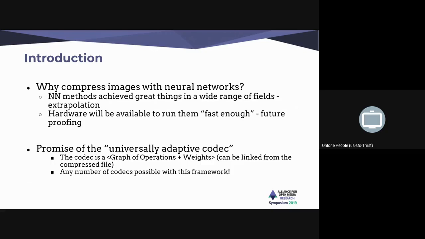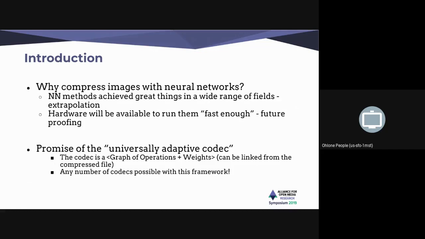Now, what would a neural codec look like? In principle, a neural codec would consist of a computational graph. Imagine a set of convolutions, additions, subtractions, whatever, and a set of weights. Now, this is very interesting from the standpoint of the following sort of concept.